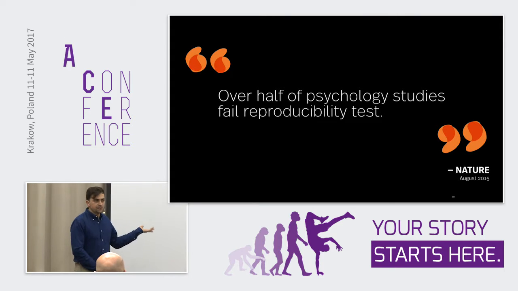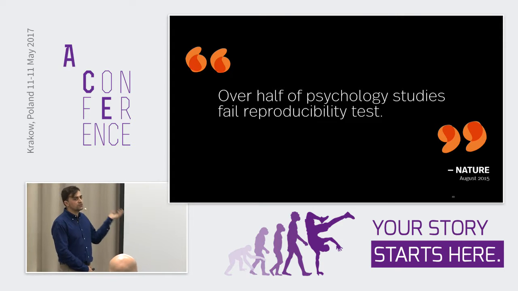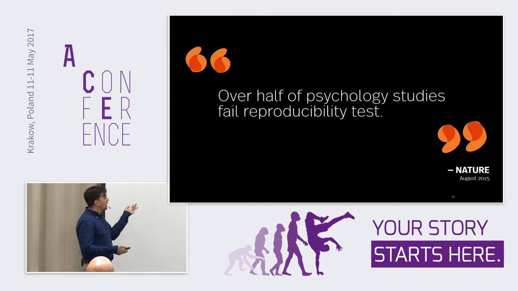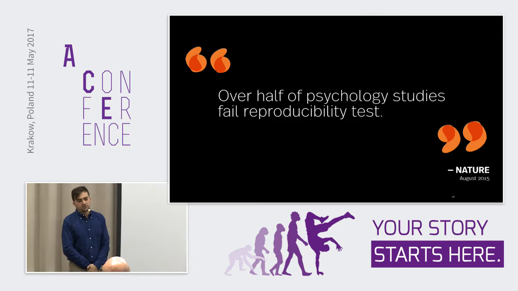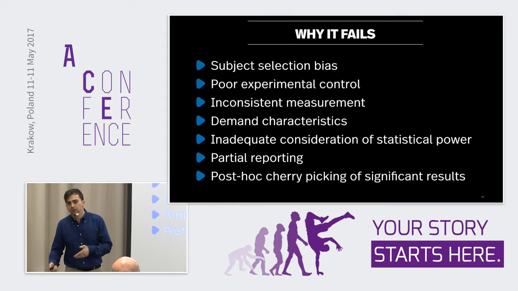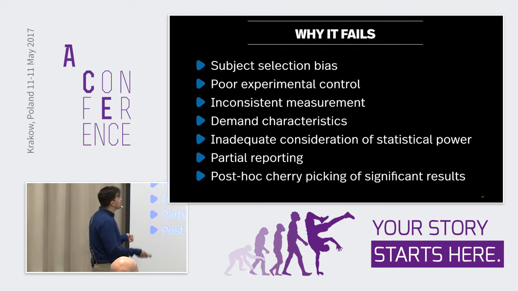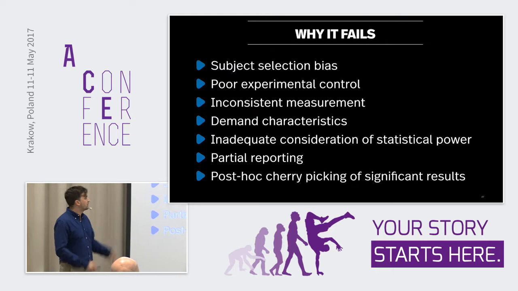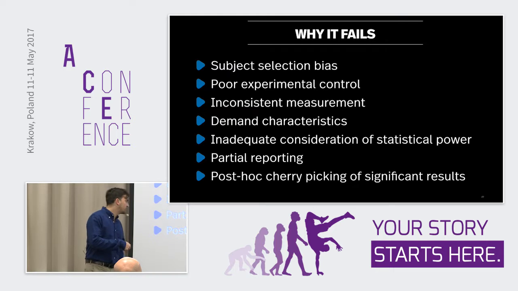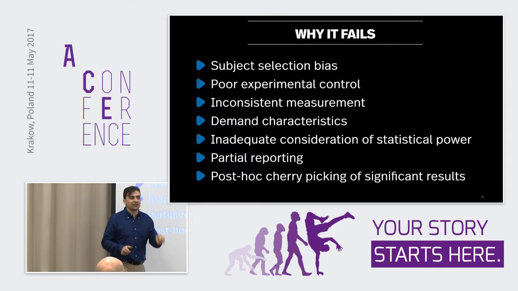And even a scientist knows that when we are dealing with people, it's extremely hard to get the truth, because things change, right? Half of psychology studies fail the reproducibility test. Why? Because there are a lot of things that can go wrong when we are doing research, like biases, poor experimental control, demand characteristics, statistical power not considered, partial reporting, and this is actually my favorite one because I've observed this so many times: post hoc cherry-picking of significant results.